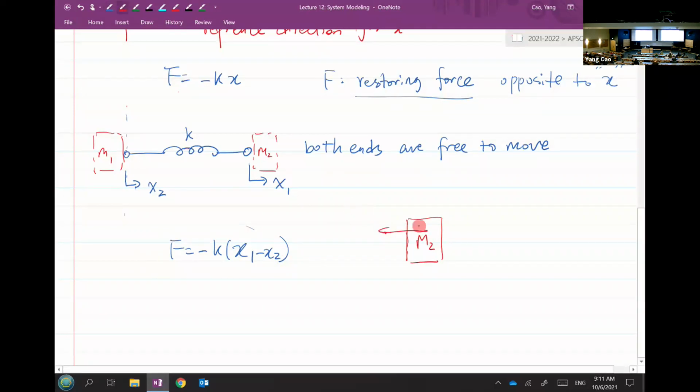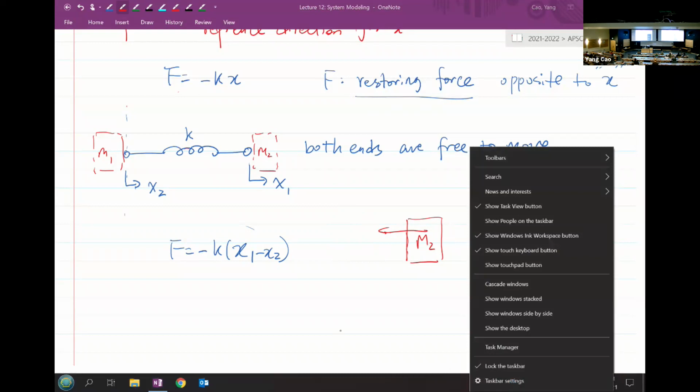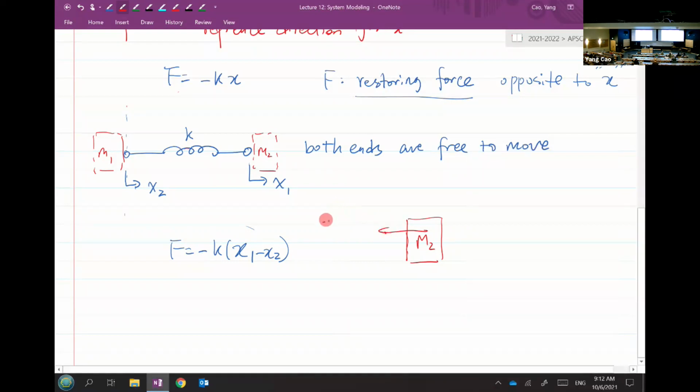But when you label this force, should I keep the negative sign or get rid of it? Should I label this force as negative k(x1 minus x2)?